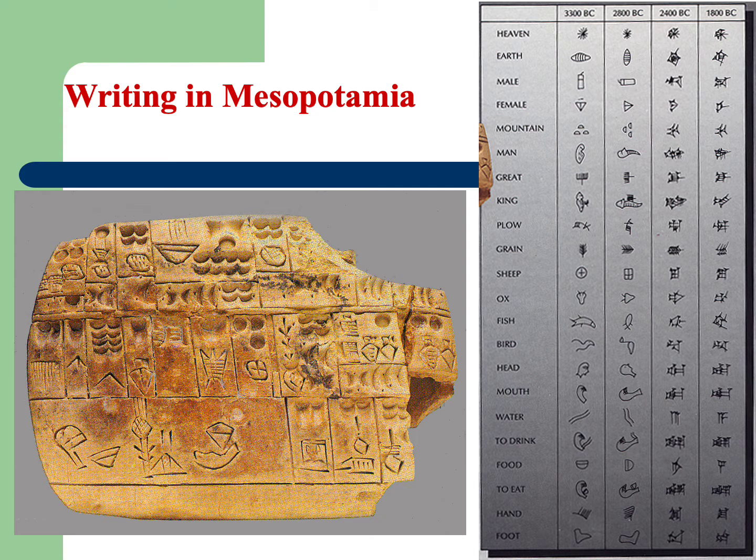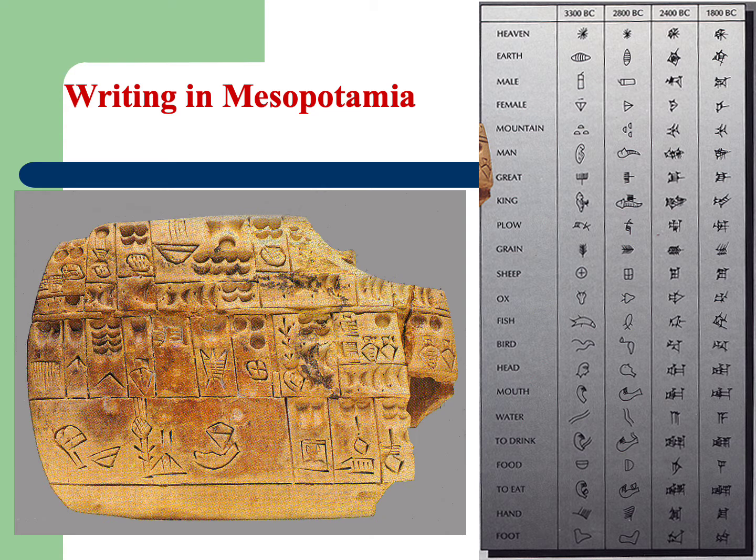You can see here also how that writing system evolved through time, from one that was at least somewhat pictographic. You can see, oh, that's a fish. I can kind of recognize that as a fish, and sure, that looks like a star. I can see how that's water, right? You can see in that column there on the left vaguely what some of these things might be, especially grain.